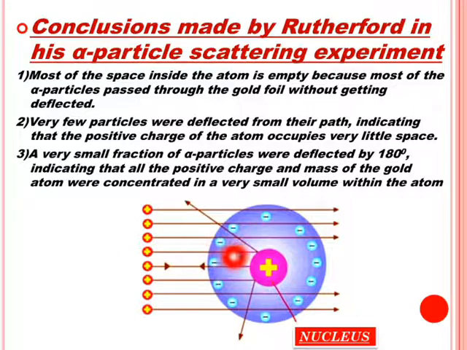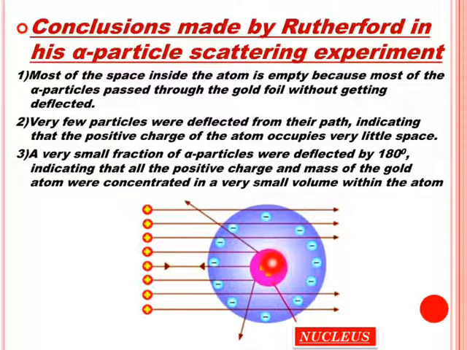He also concluded that some alpha particles were deflected from their path. This means alpha particles, being positively charged particles, were deflected or repelled by something present in the center.